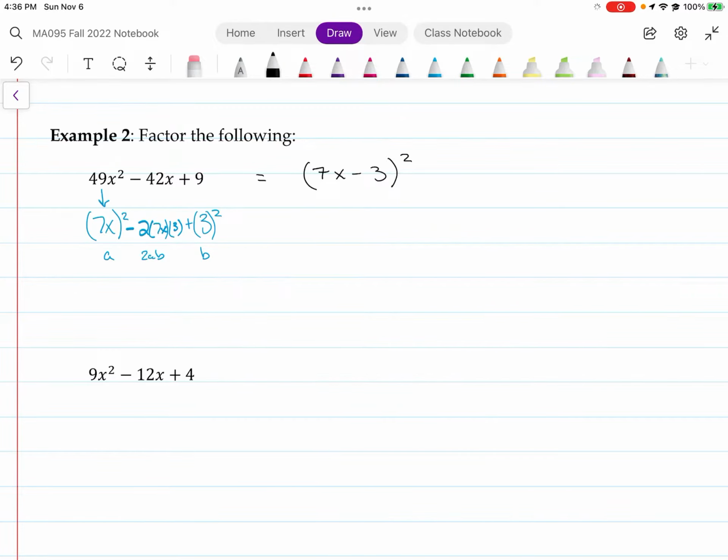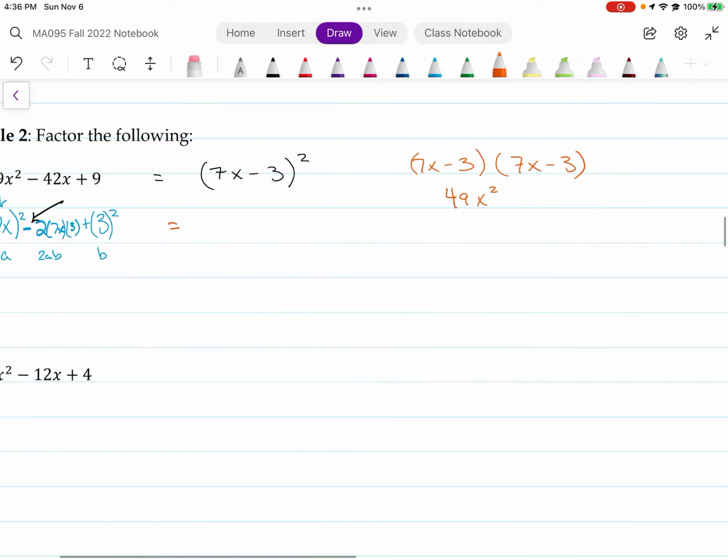All right, so why is it a minus? Well, the only way you're going to get a negative here is if you have multiplied something that's negative. So something here has got to be a negative. Let's just check it out and see. If we multiply this out, 7x minus 3 times 7x minus 3, we get 49x squared. Our outside term is minus 3 times 7x, that's minus 21x.